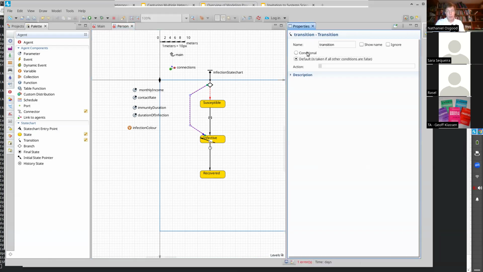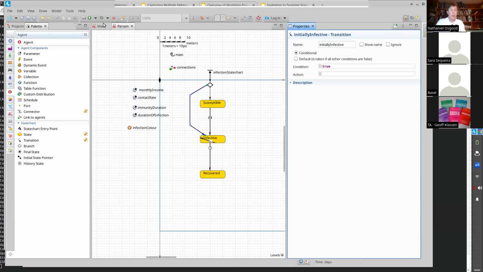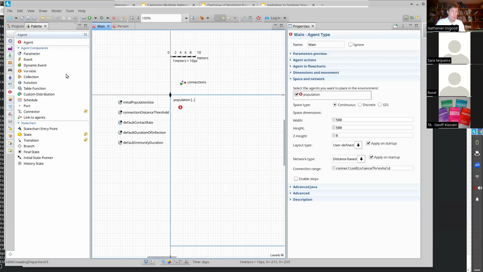And this is going to be conditional. This is going to be initially infective. And I'm going to add to main a parameter. I probably should have done this earlier, I apologize. But it's going to be a fraction.